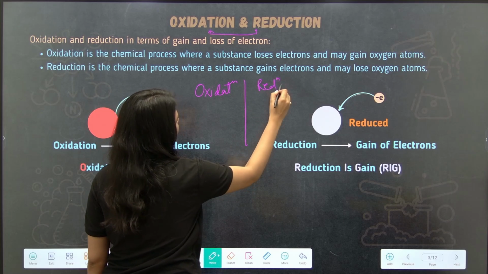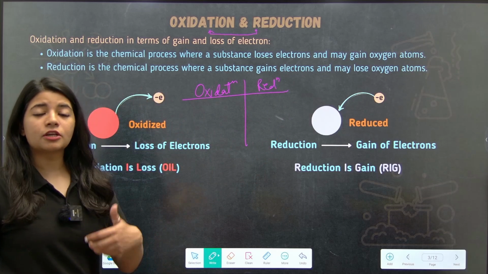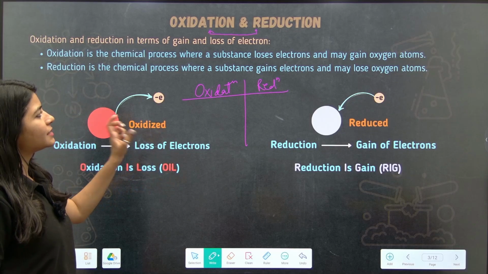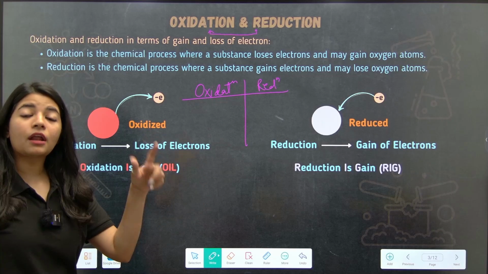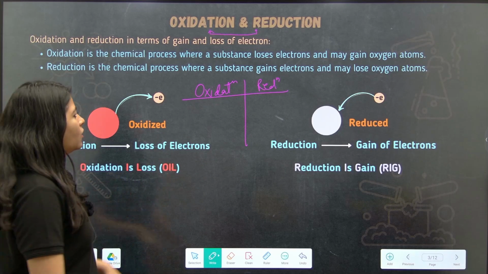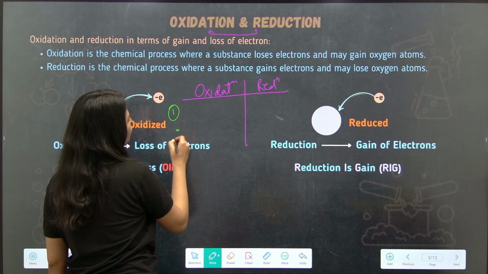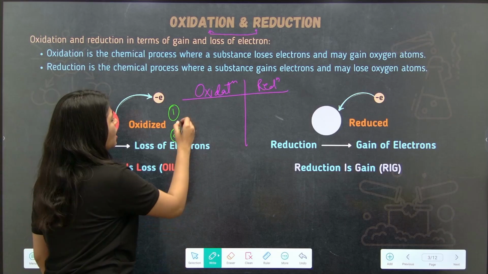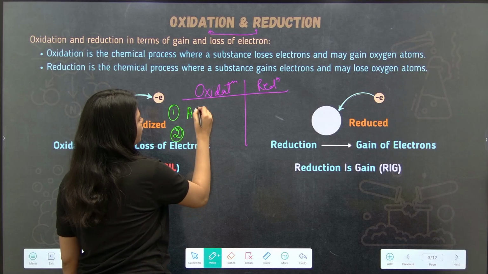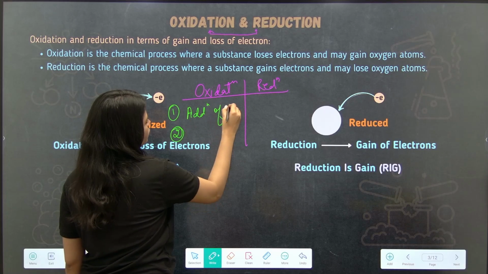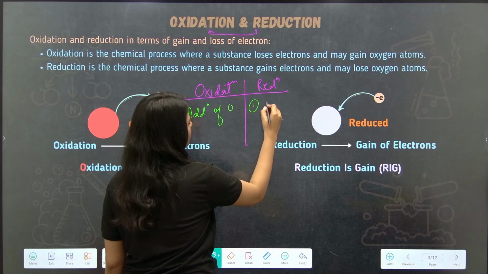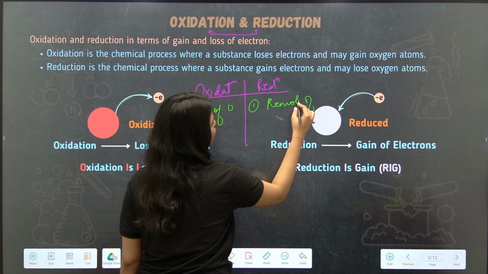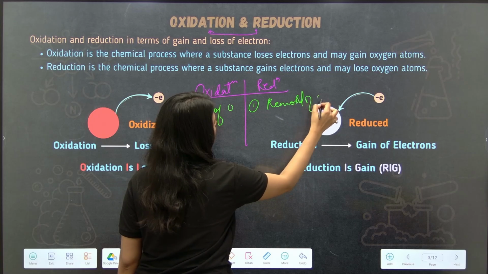In this particular chapter, we are going to understand oxidation and reduction in terms of electrons. In one process the electrons are lost and in another process electrons are gained. But I want to share 2 more different points between them: oxidation is also addition of oxygen and reduction is removal of oxygen.